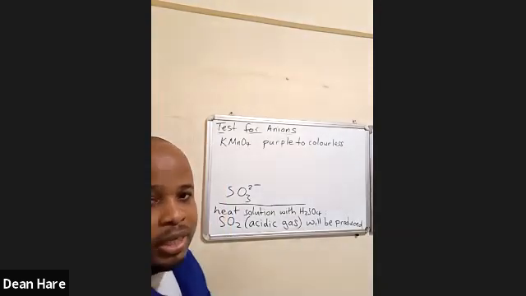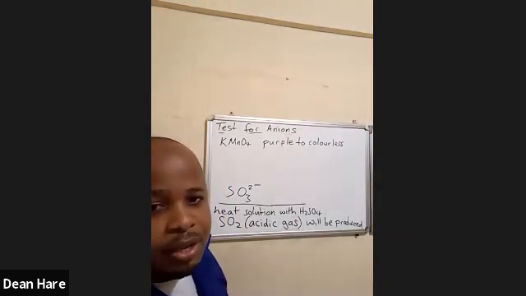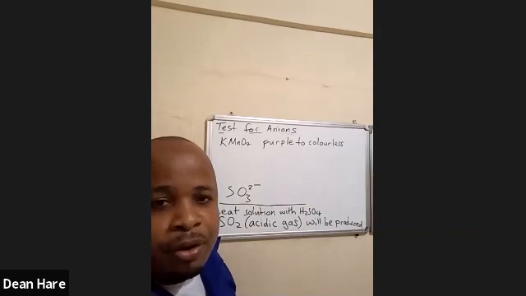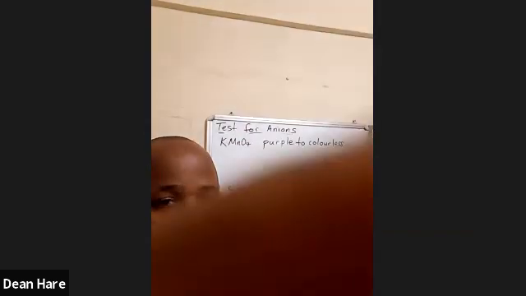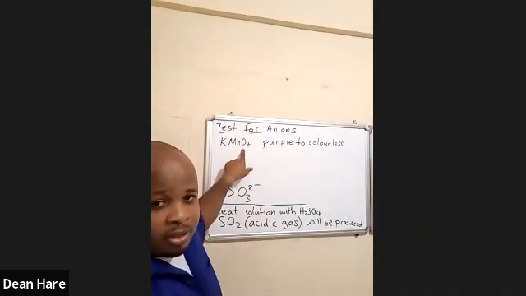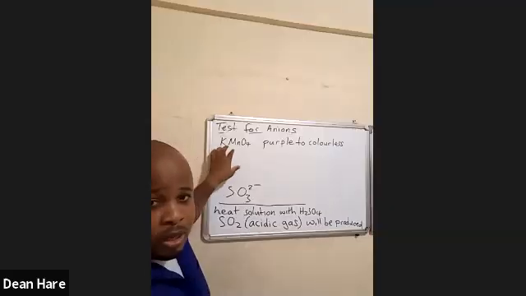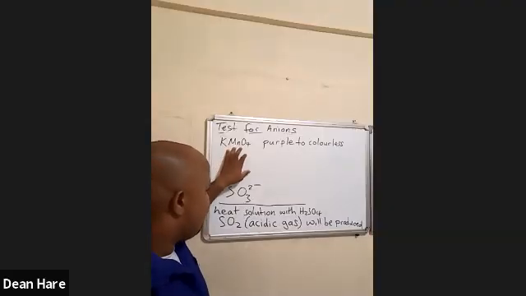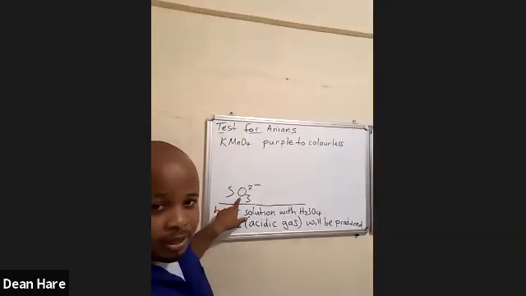If you are doing qualitative analysis and you see KMnO4, the only reaction that we are going to use potassium permanganate for is sulfite.